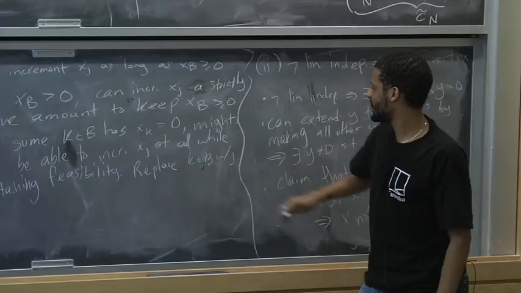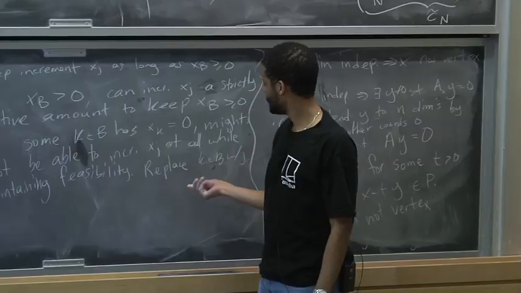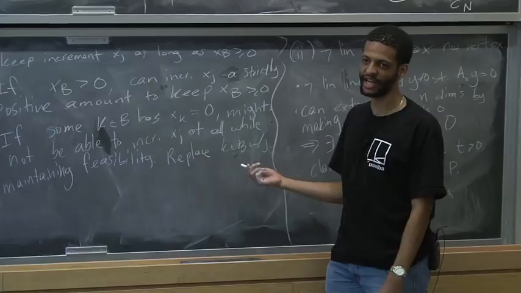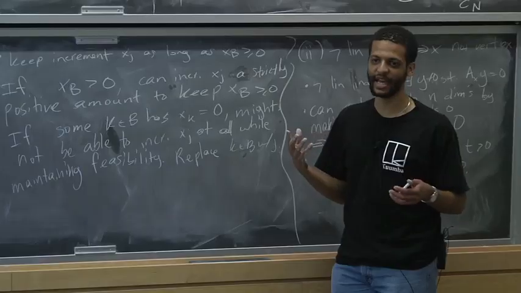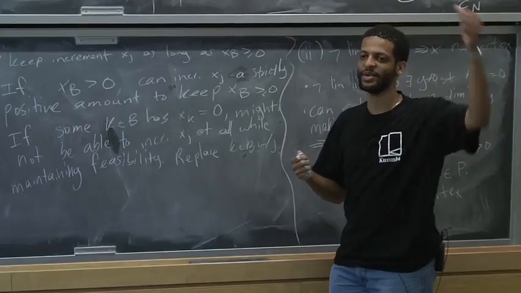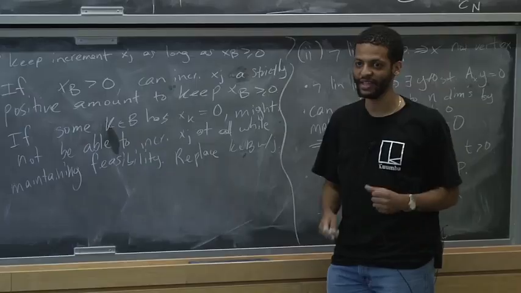So how do you deal with this? If you're not careful, if you just replace any k in B that's 0 with any j that's negative, you could actually come up with examples where you get into an infinite loop. You basically put someone in and kick someone out, and then the very next iteration, you do the opposite thing over and over again. Okay?